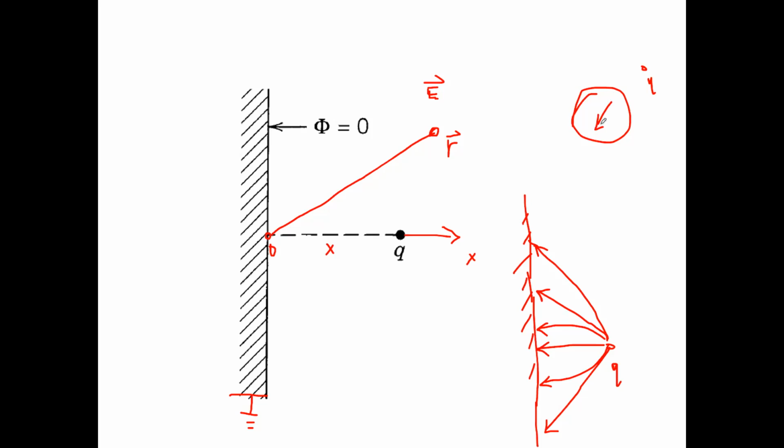If there's a field line in the conductor, conductor means the charge in the material is free. If there are some field lines inside, what happens? The charge will move, right? The positive charge will move to this side and negative charge move to the other side.